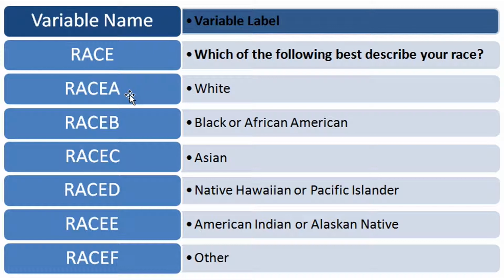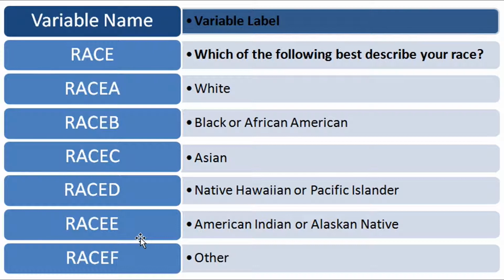Here we have response choice variable names of race A for white all the way to race F for other. Again, if white and other were selected, then race A and race F would be equal to 1 and all the other choices would be equal to 0.